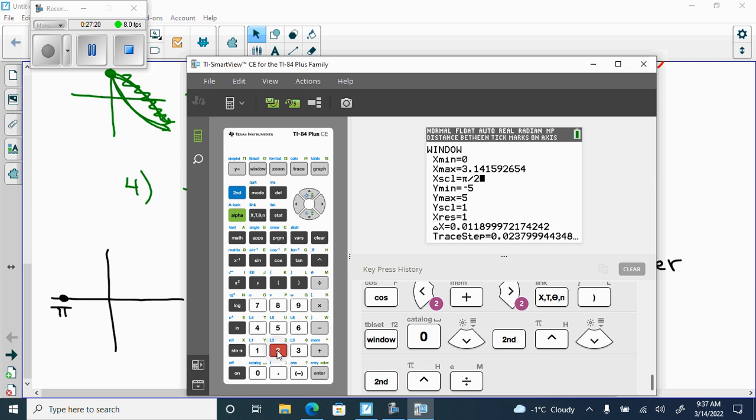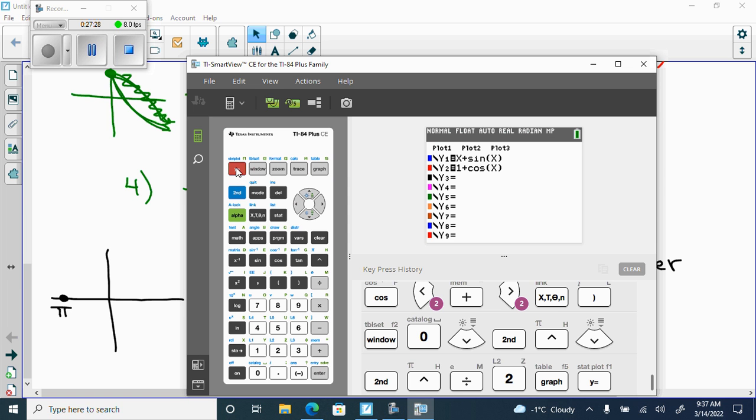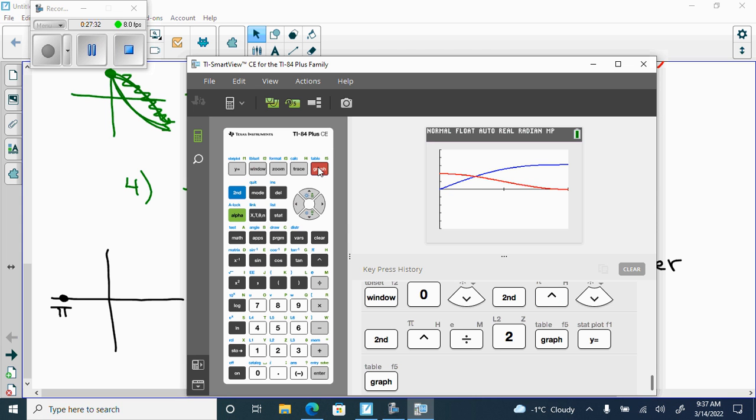Okay, so we're doing pi divided by 2. And we press graph. And if you look here, red is the first derivative. So here is where my critical number exists in my first derivative, we agree? Which is where the maximum is going to happen on this one.